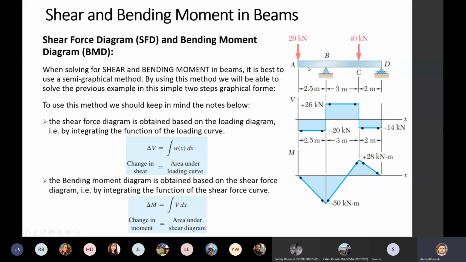Can you see any forces here? I've got the reaction and the point load, nothing in between them. Therefore, the rule tells you, in between these forces, the shear force diagram will maintain its last value. The last value here was 20. The shear force will try to maintain that along the entire distance until another force changes it.